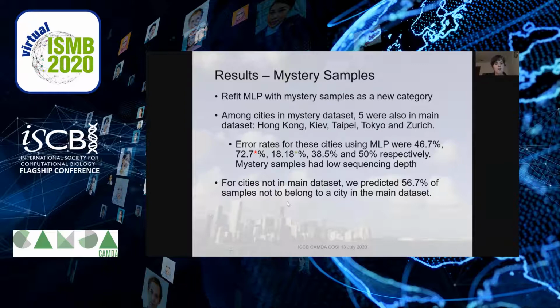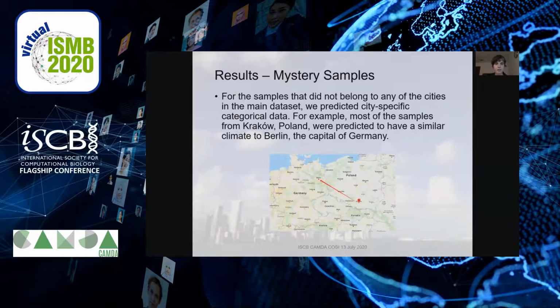And then for cities not in the main data set, we predicted 56.7% of these samples not to belong to a city in the main data set. So then for the samples that did not belong to any of the cities in the main data set, we then predicted the city-specific categorical data.